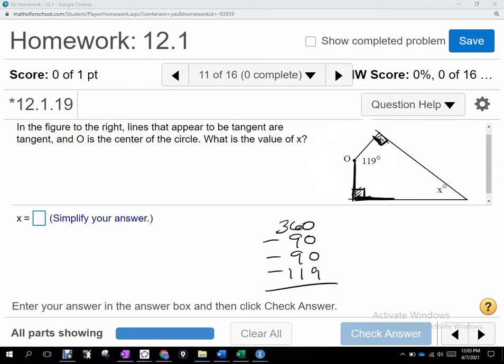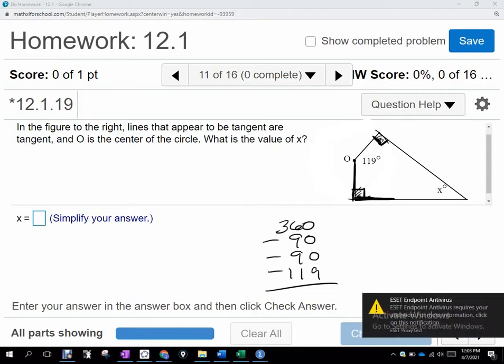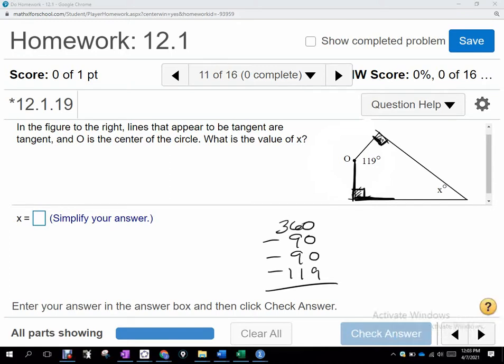When I do that calculation, that will leave the one unknown angle x left over. We're cool with that? All right.